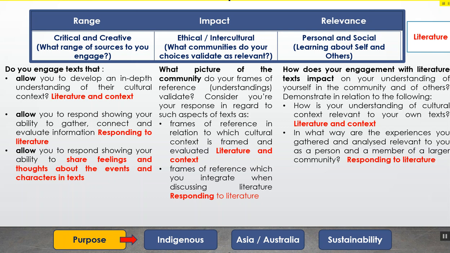What's cultural context? Who I am and who others are. That's your cultural context.